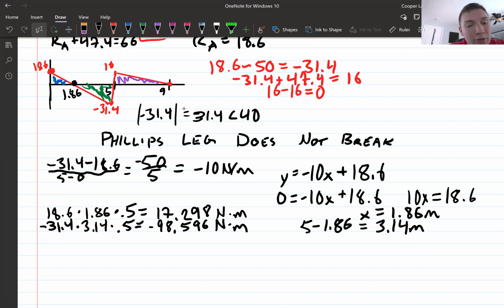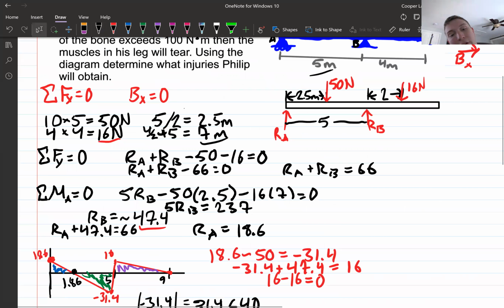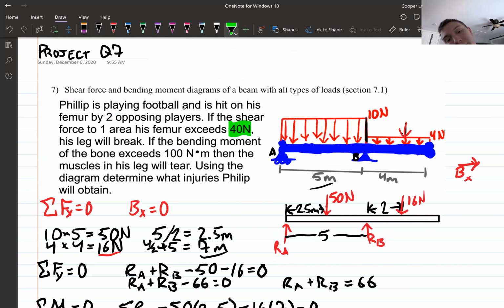So this one's actually fairly simple. It's 16 times 4 times 0.5, which if you do out, gives you 32 newton meters. Now, this question was asking if the newton meters ever exceeded 100.